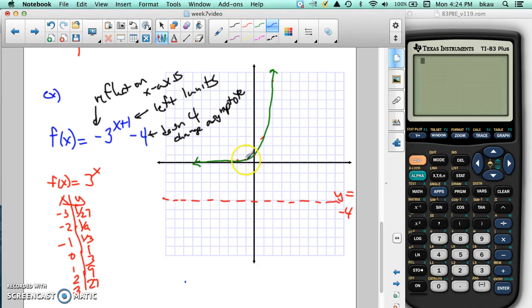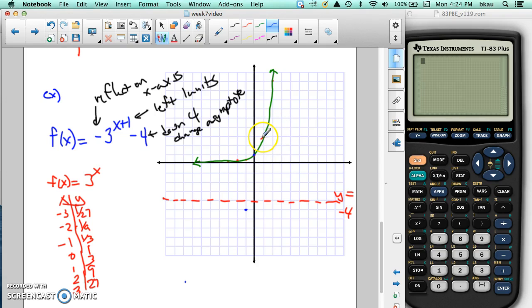So this point right here at 1 reflects to here. It moves left 1 unit to there, and it moves down 4. 1, 2, 3, 4. So it goes through this point right here.